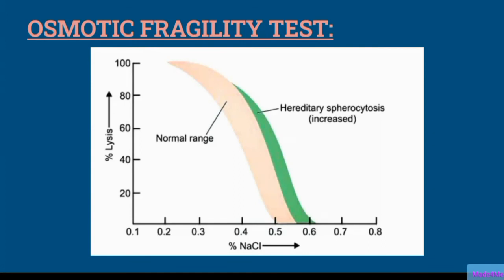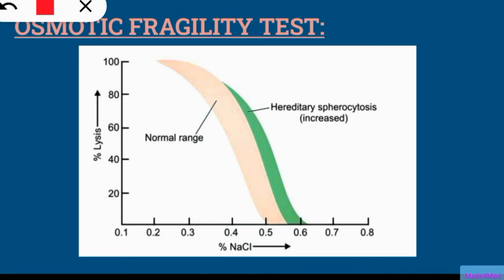So what happens? Normally the spherocytes are spherical in shape. So when they are put in a hypotonic solution, they start swelling and burst out.